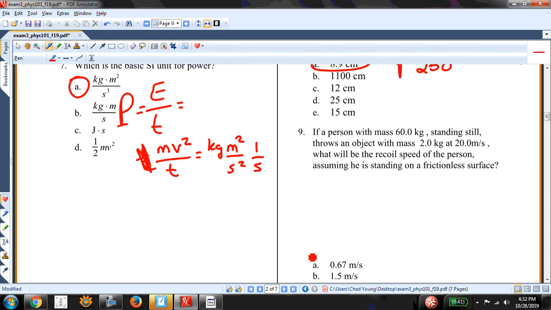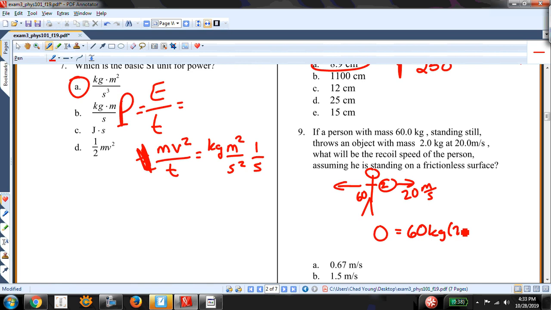Number 9, if a person with a mass of 60 kilograms standing still throws an object with a mass of 2 kilograms at 20 meters per second, I want to know what is the recoil velocity of this guy, whose mass is 60 kilograms. So initially their momentum is 0 because nobody's moving, and then the guy, who has 60 kilograms, has some v final plus 2 kilograms times 20 meters per second.